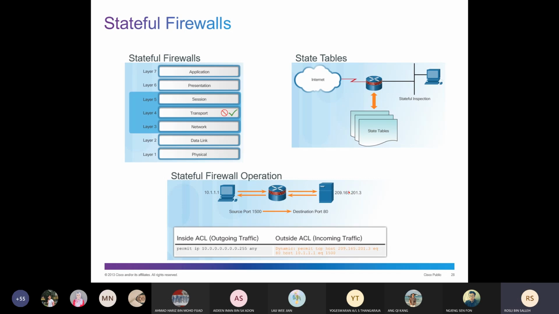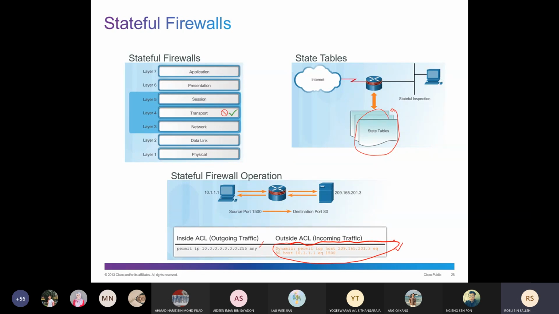And stateful firewall, state table. They will create what they call a state table. You will configure what they call permit, this one, and then when you configure the stateful firewall, it will create a temporary ACL that will allow that session packet to come back. That's why they colored this in red.